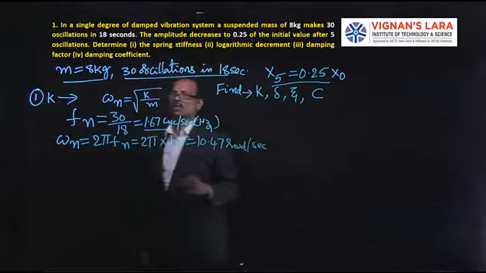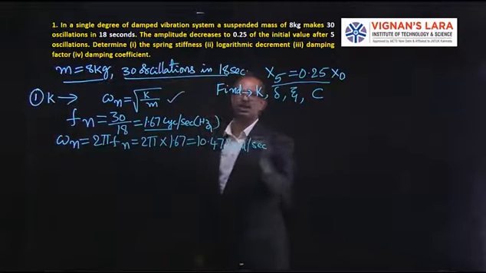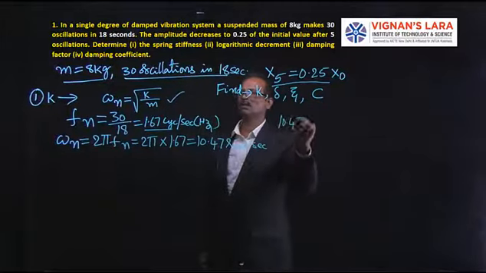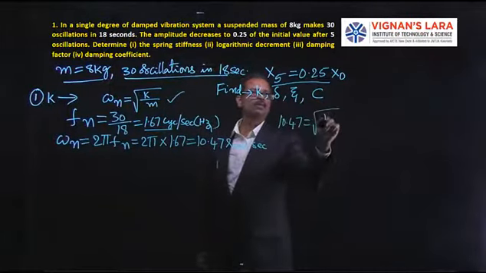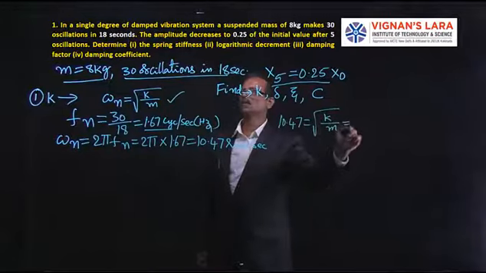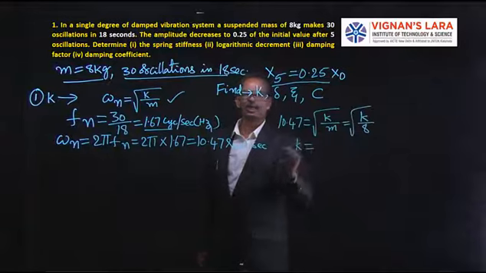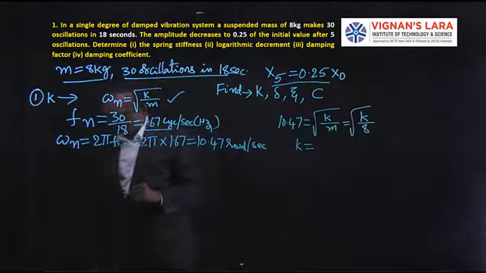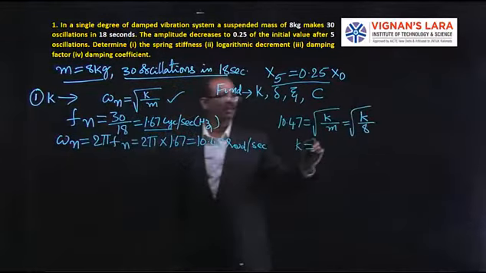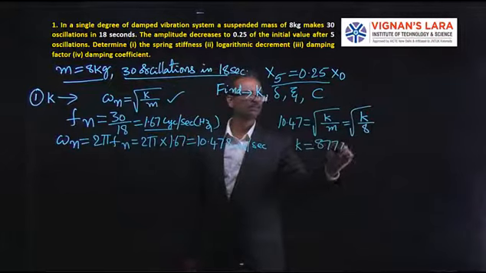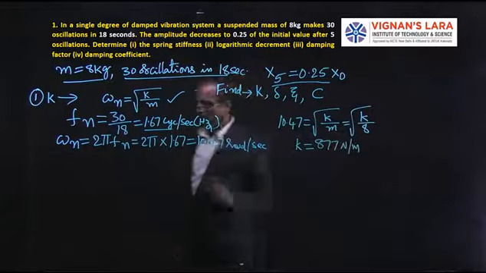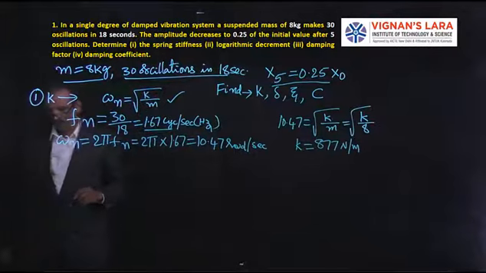Now you can substitute in the basic equation: 10.47 is equal to root K by 8. So K can be estimated. The value of the stiffness K is equal to 877 Newton per meter. So that is the first part, K.